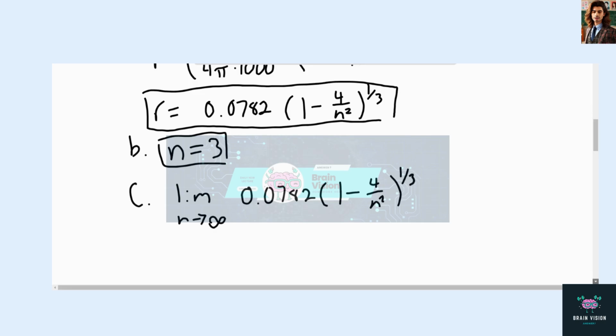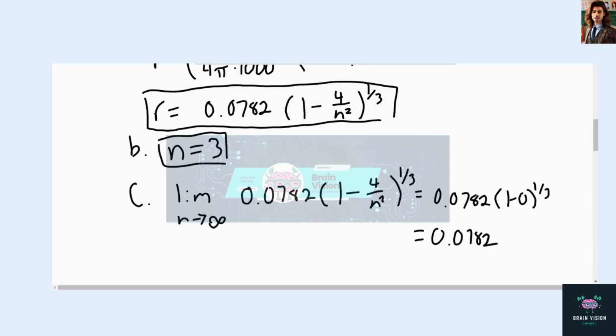So that fraction 4 over n squared will approach 0. So then this equation will become 0.0782 times (1 minus 0) to the 1/3, which of course 1 minus 0 is 1, 1 to the 1/3 power is 1.